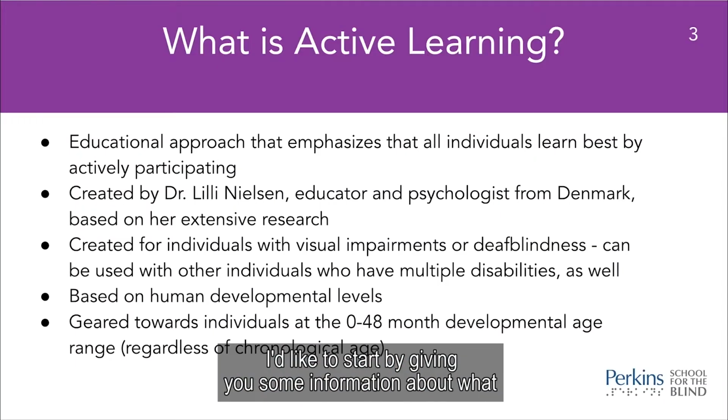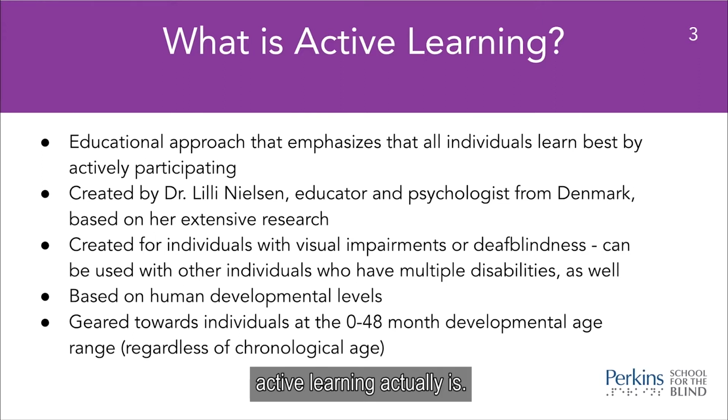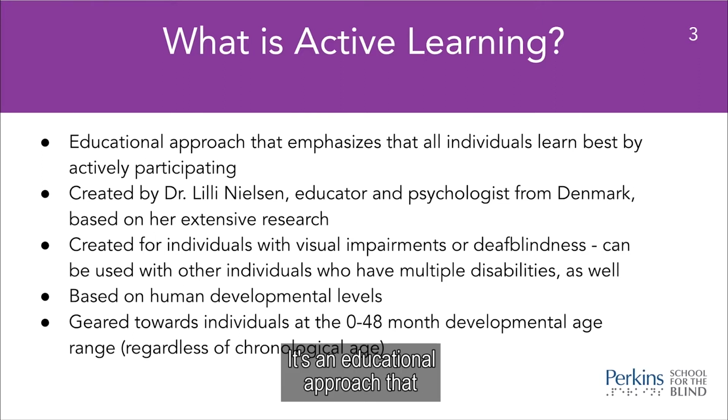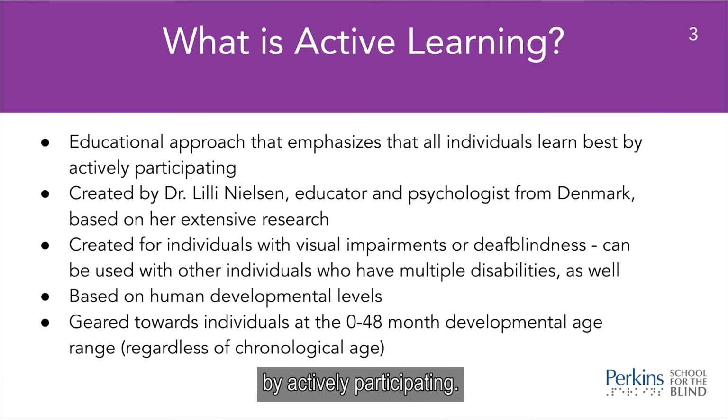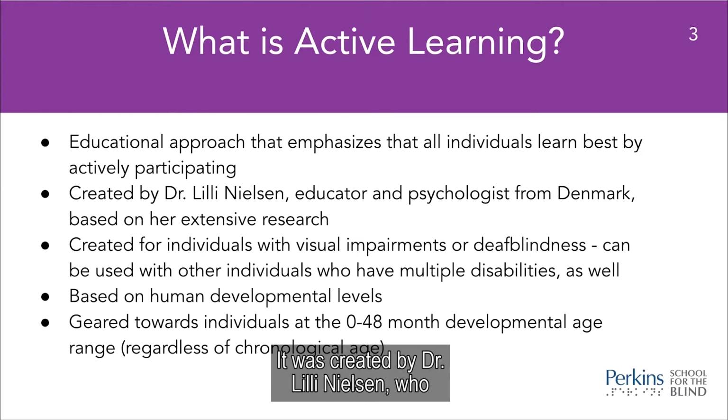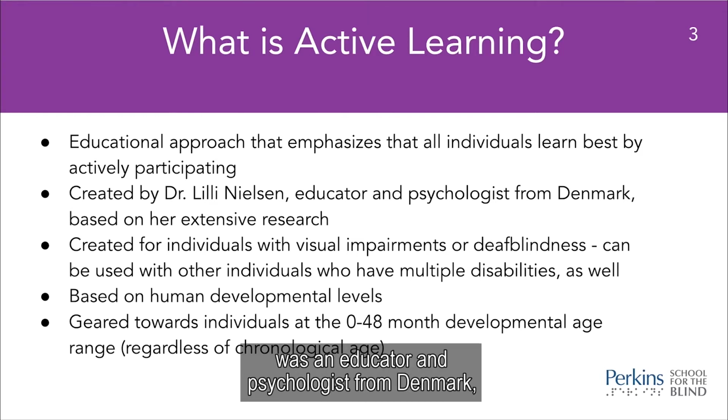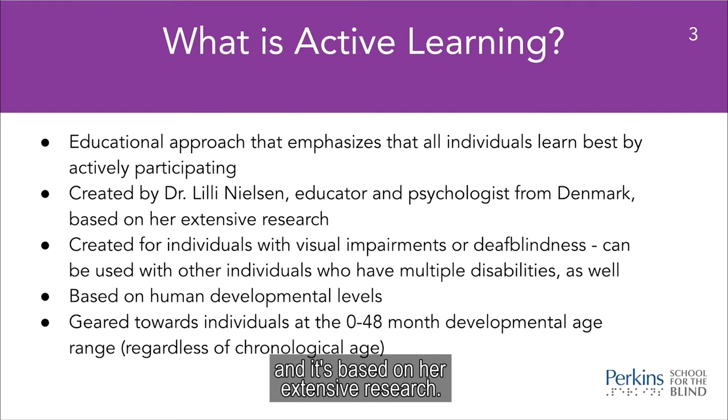I'd like to start by giving you some information about what active learning actually is. It's an educational approach that emphasizes that all individuals learn best by actively participating. It was created by Dr. Lily Nielsen, who was an educator and psychologist from Denmark, and is based on her extensive research.